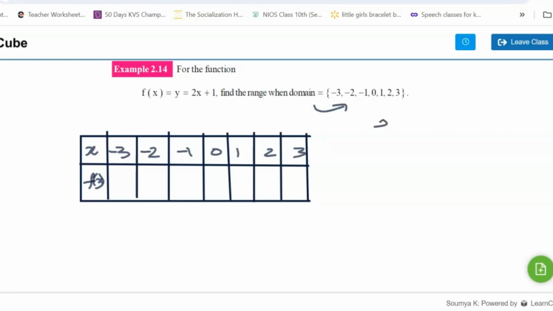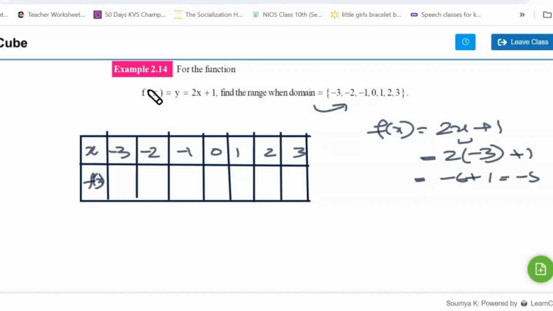In that case, first let f of x equal 2x plus 1. So first substitute the value -3. So the answer will be 2 into -3 plus 1, that is -6 plus 1, that is -5. Here you will get -5. Next is 2 into -2 plus 1, that is -4 plus 1, that is -3.